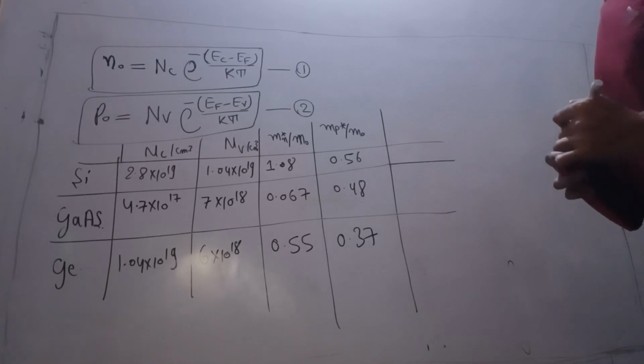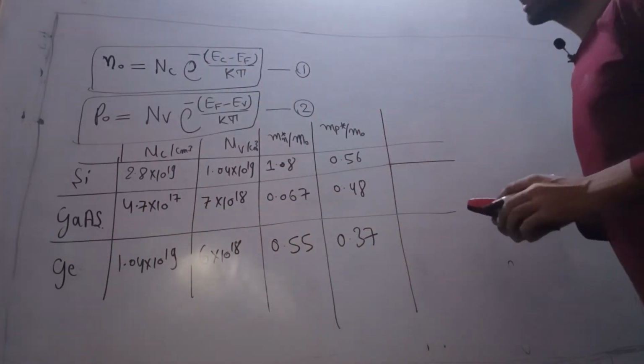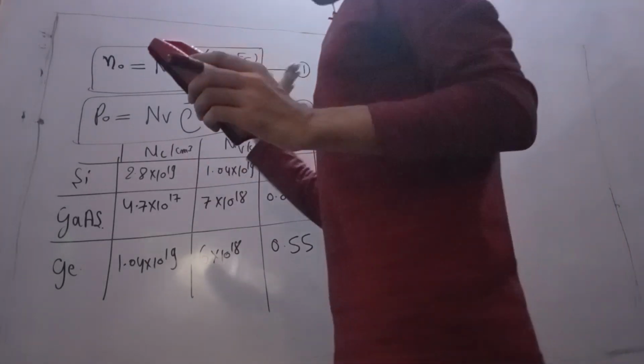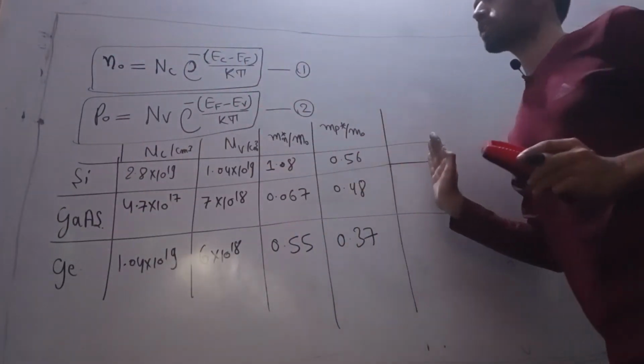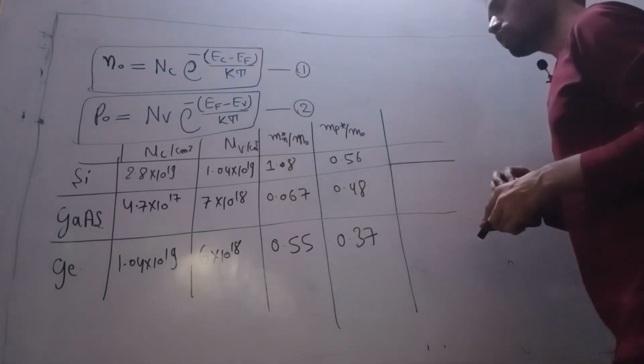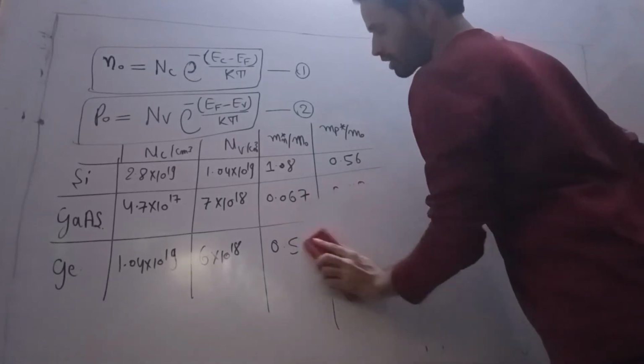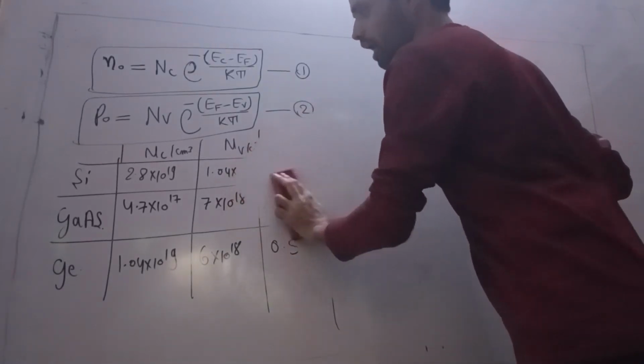These are some constant values for Nc and Nv. So that's all for this lecture, about the thermal equilibrium concentration of electrons and holes, which we have done under one assumption and one approximation.